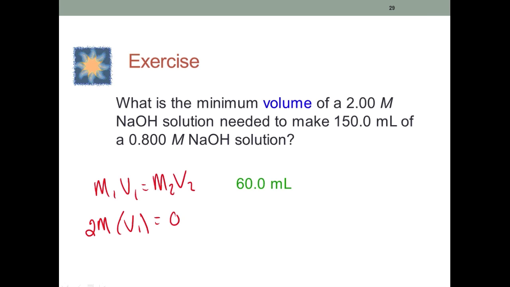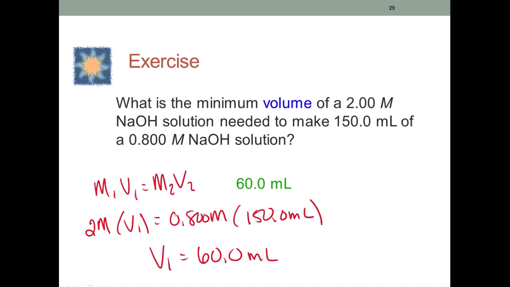Your M2 is 0.800, and your V2 is 150.0 milliliters. Now your answer is going to be in milliliters because you put milliliters as your V2.